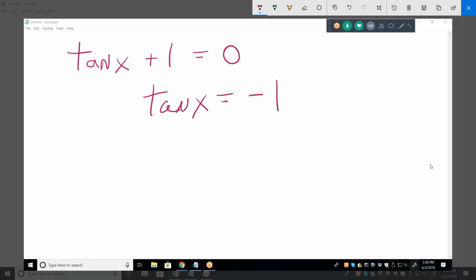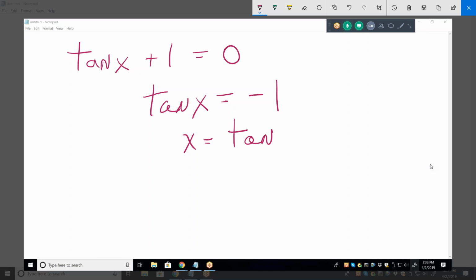Now, remember one thing, that we're always taking trig functions of angles. If we're trying to solve for x, we're going to have to take the inverse trig function of -1. And so essentially, this is what we have.